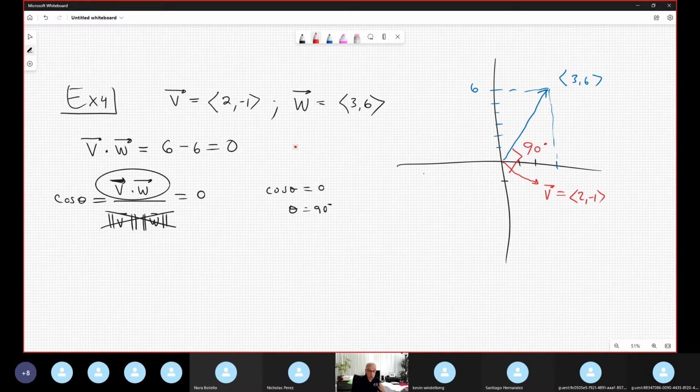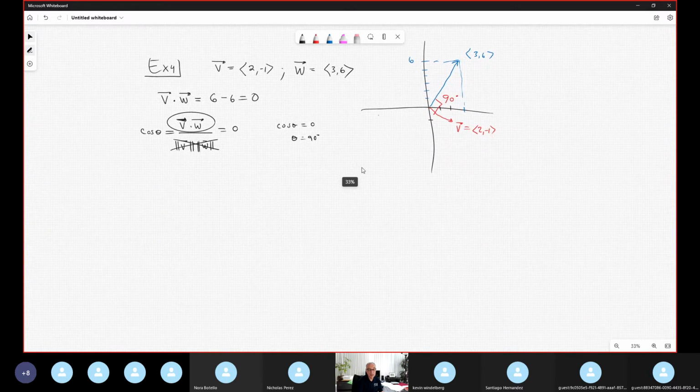Okay, conclusion. Application of the dot product. Or at least the first application. When the multiplication of vector A dot product B is a positive number, that means that the angle is acute.